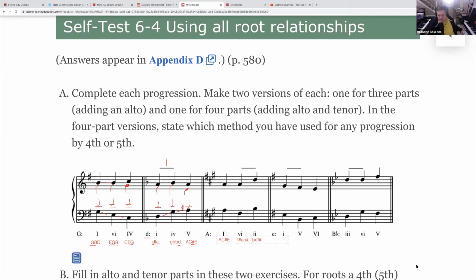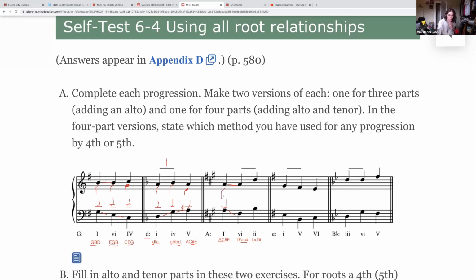All right, in the first example, we're going down a third, which means we should have two common tones. Let's see, we got A and C sharp and A and C sharp. So our soprano stayed on the A. We need a C sharp and an E, and we don't have a lot of room to do it with. Where do you want to put your tones? Isn't the only option to put the tenor on the C sharp and the alto on the E?